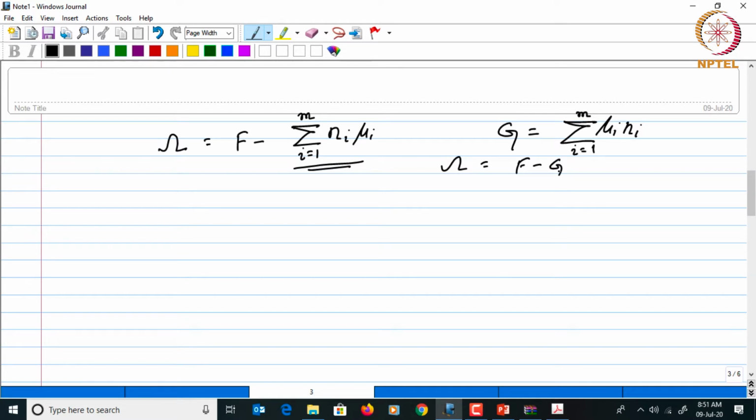Right, so let us come back to this. When we say that any thermodynamic property is the sum of the properties of the phases and the interface, here we can write the thermodynamic potential as the sum of those three quantities, that is the thermodynamic potentials of alpha, beta and the interface.